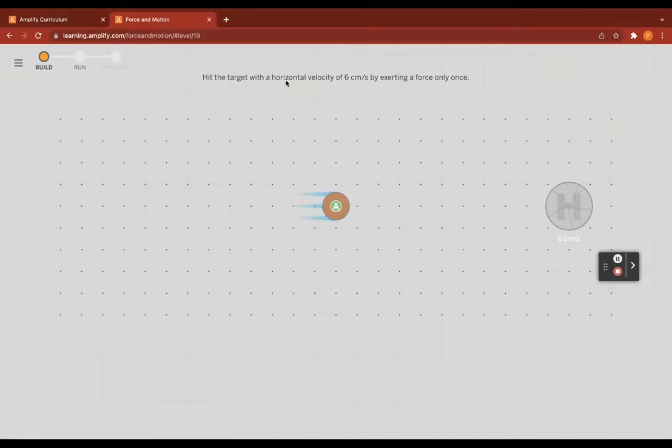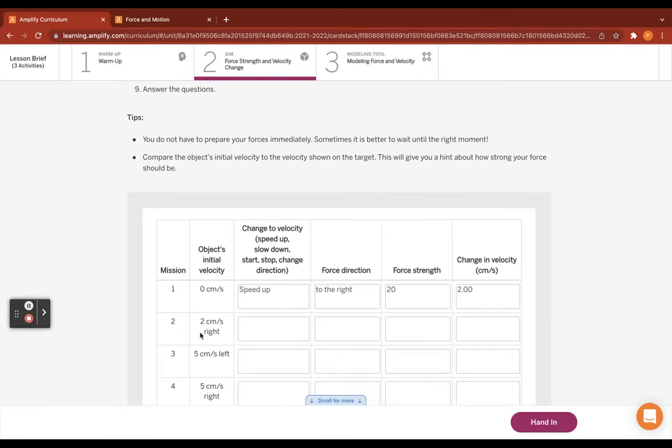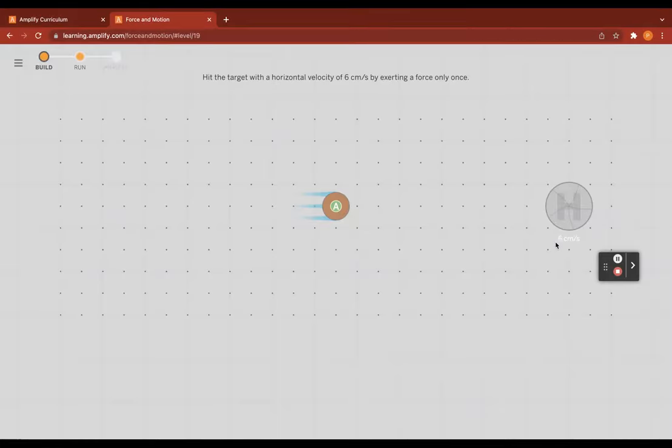Mission number 2. Hit the target with a horizontal velocity of 6 centimeters per second, positive 6, so it's going to the right. Right now it's at 2. I want it to speed up, so I need to also hit this one to the right. It's going to change by 4 because it's going from 2 to 6.